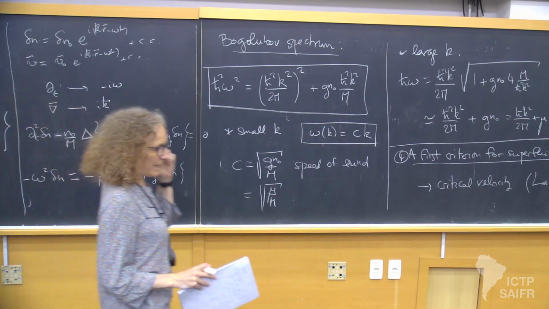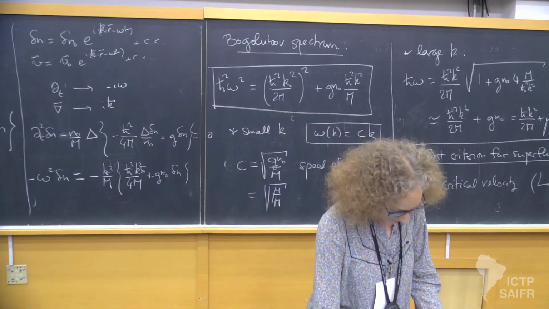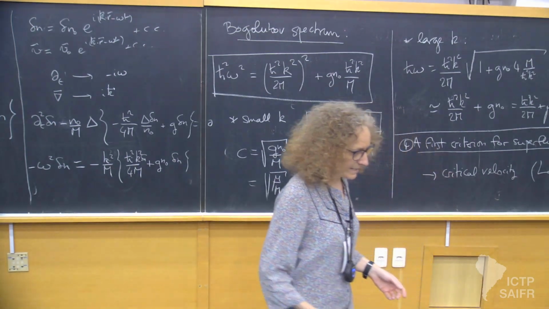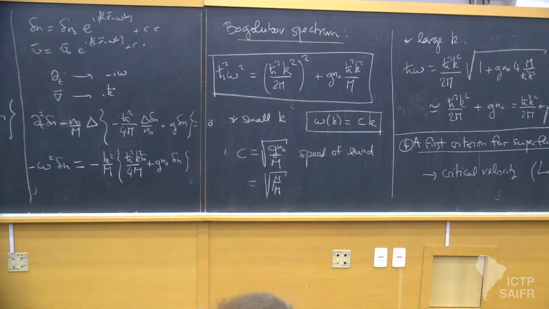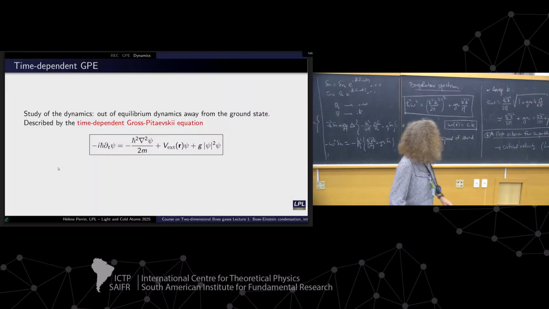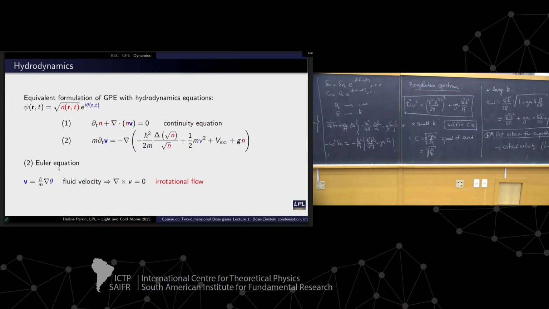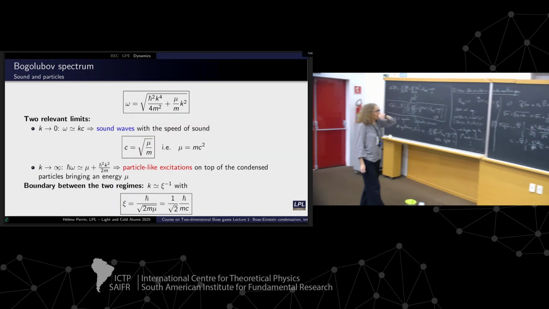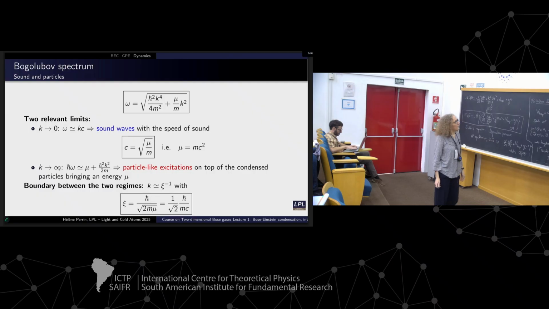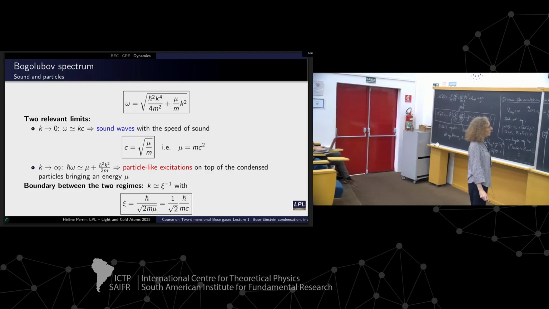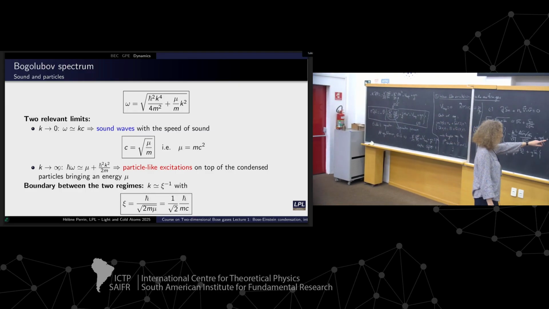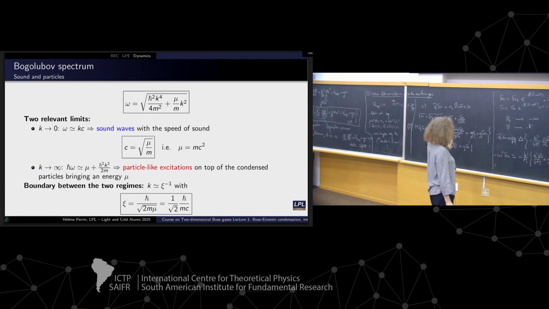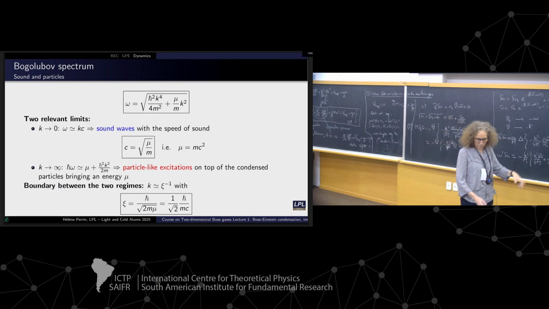And so let me now illustrate what I have just said with a couple of slides. Okay, so this is what we have done. We have written the dispersion relation for the Bogoliubov modes and identified the speed of sound. I forgot to mention these two regimes, large k and small k.